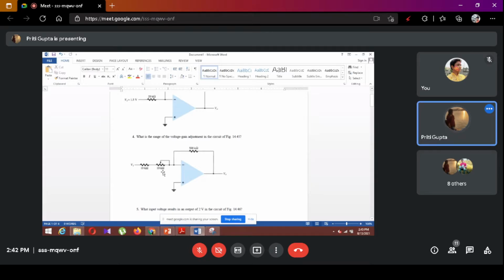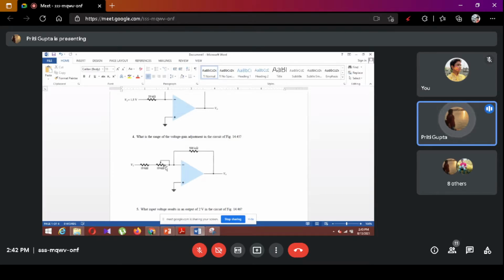At first, try to understand the problem. This is a 10 kilo ohm resistance and this is a rheostat. If the rheostat is at zero position, resistance is zero, so 10 kilo ohm plus zero will be your first resistance. Then calculate for 10 kilo ohm plus the maximum value, also 10 kilo ohm, so it will be 20 kilo ohm.